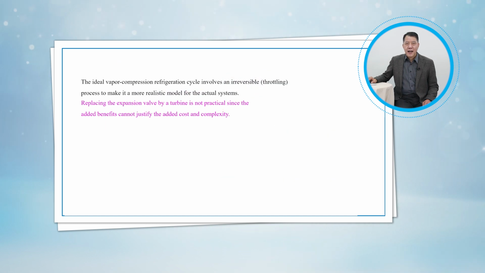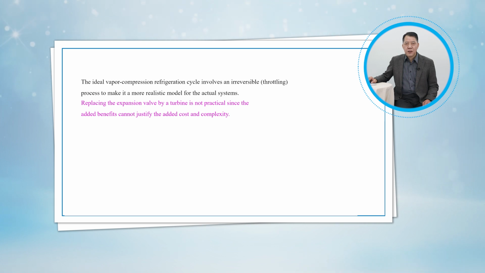Notice that, unlike the ideal cycles discussed before, the ideal vapor compression refrigeration cycle is not an internally reversible cycle, since it involves an irreversible process, the throttling. This process is maintained in the cycle to make it a more realistic model for the actual vapor compression refrigeration cycle.